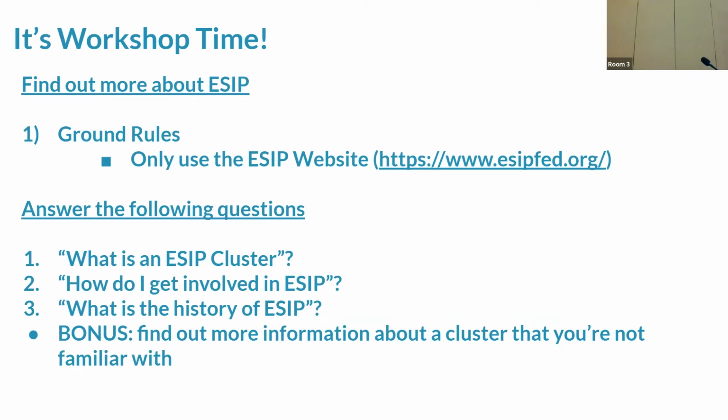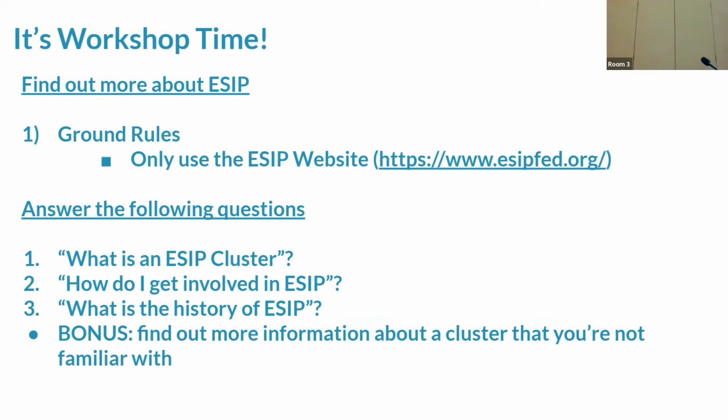So there's a lot of information on the website. It took me a while, but I was able to find all the information just by perusing the website. Number one is under Get Involved, Collaborate, about the ESIP cluster. How do I get involved? There's a section about getting involved right there, as a participant or a partner.